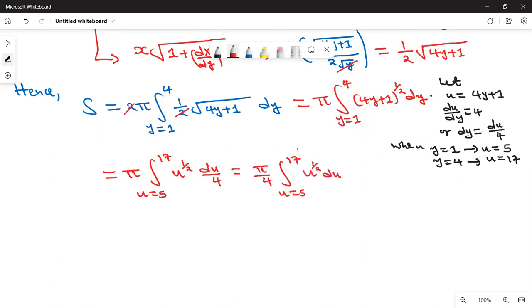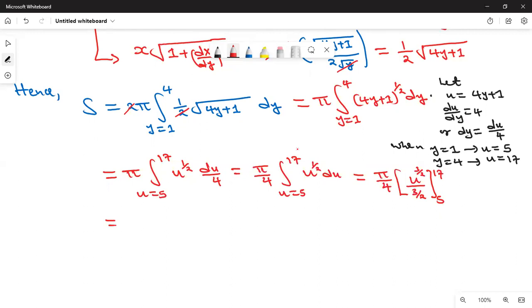Now use the power rule, add 1 to the power, then divide by the resulting power. So we are going to get pi over 4 times u raised to 3 over 2, since 1 over 2 plus 1 is 3 over 2, then divide by 3 over 2, from 5 to 17. How else can you write that? 3 over 2 you can factor out.